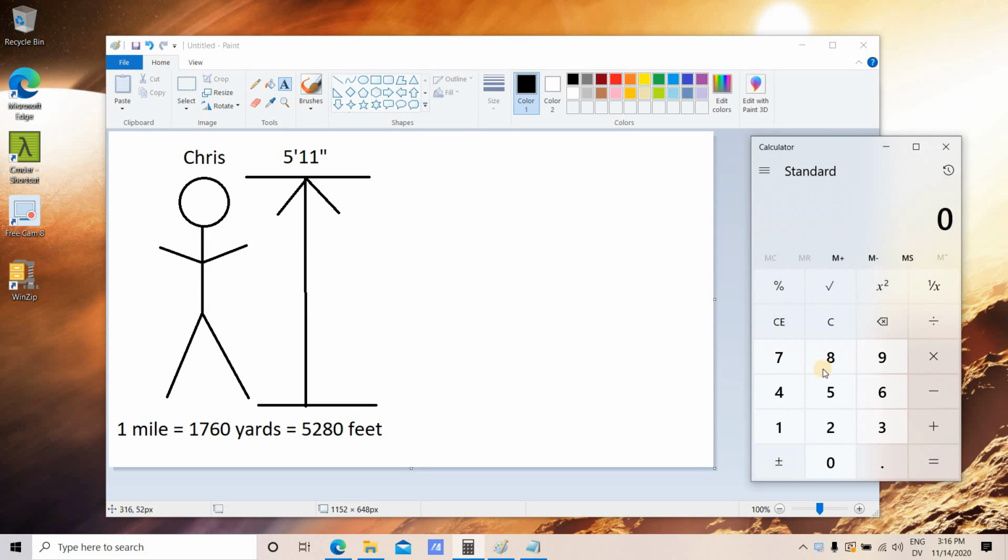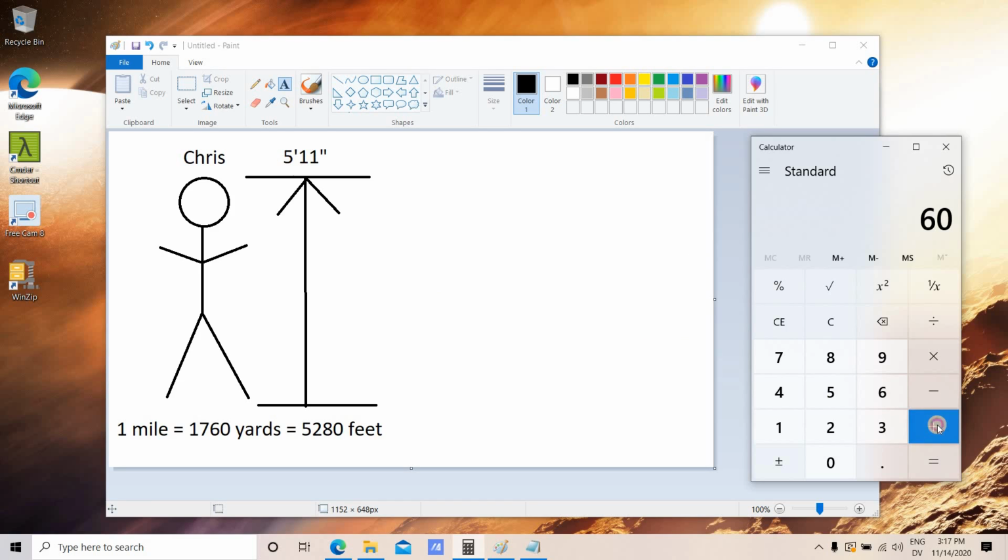So 5 feet times, okay, and then 1 foot is 12 inches, so it's 5 times 12, which is 60. And so that's 60 inches plus 11 inches, because he's 5 feet and 11 inches.